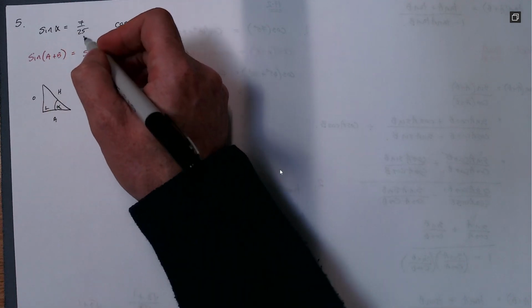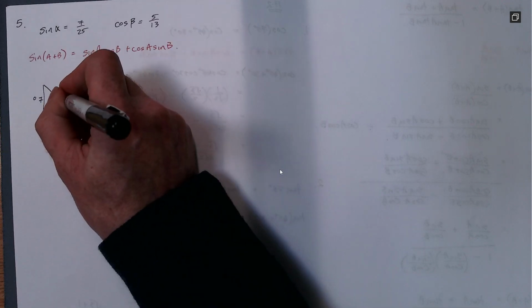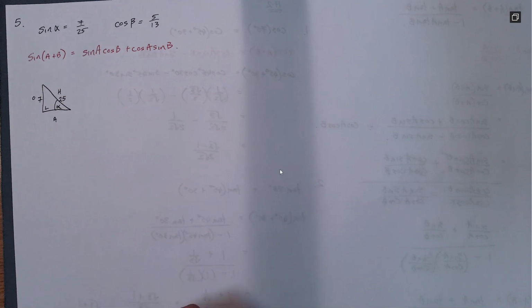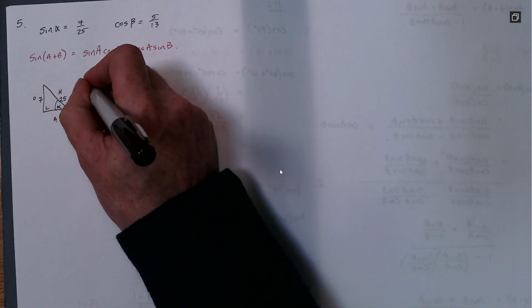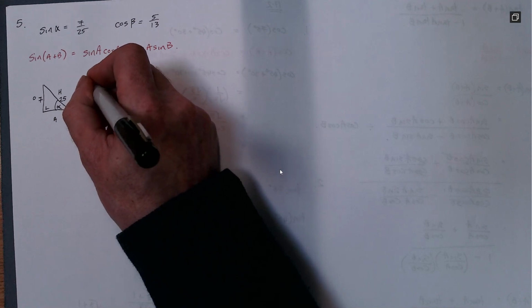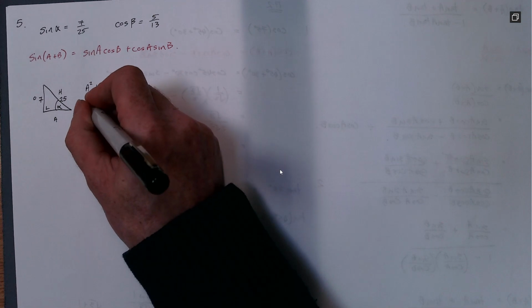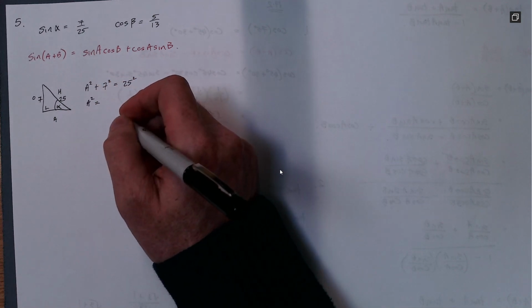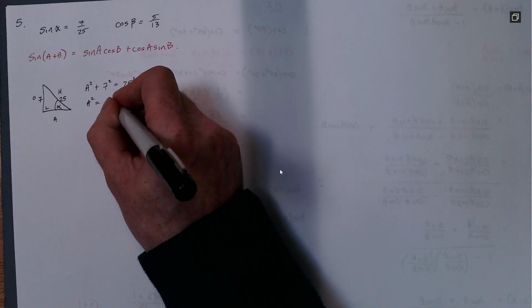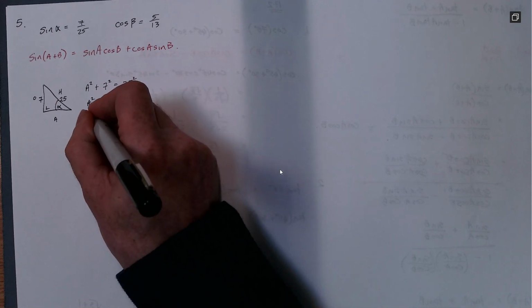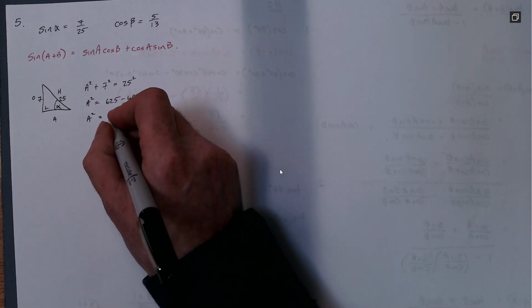The opposite is 7 and the hypotenuse is 25. Next we use Pythagoras: adjacent squared plus 7 squared equals 25 squared. So adjacent squared is 25 squared minus 49, which is 625 minus 49, which is 576.